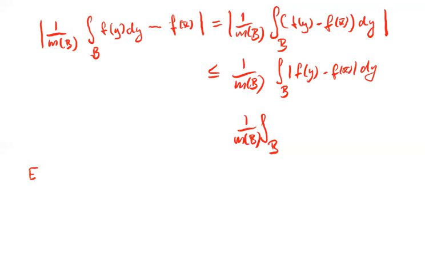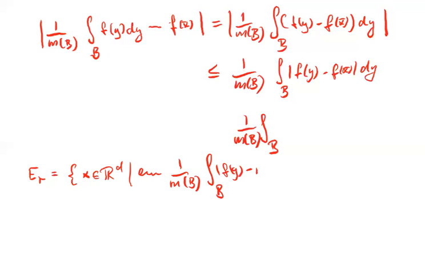Let me write that down. E_r is the set of all x in R^d such that the limit of one over the measure of B, integral over B of f of y minus r dy, is not equal to f of x minus r, right?